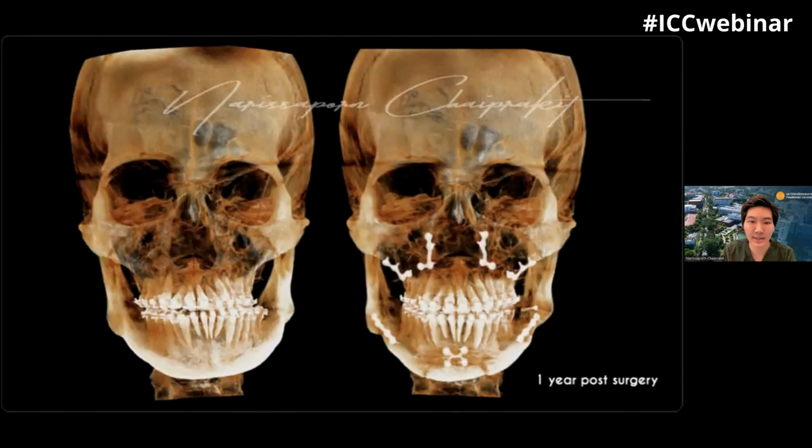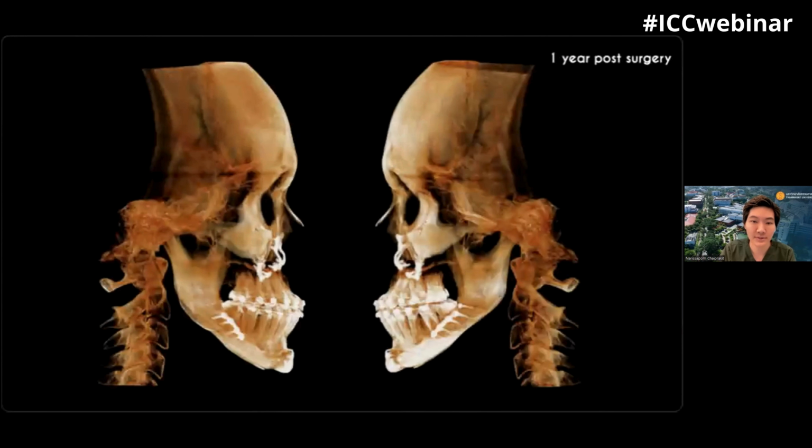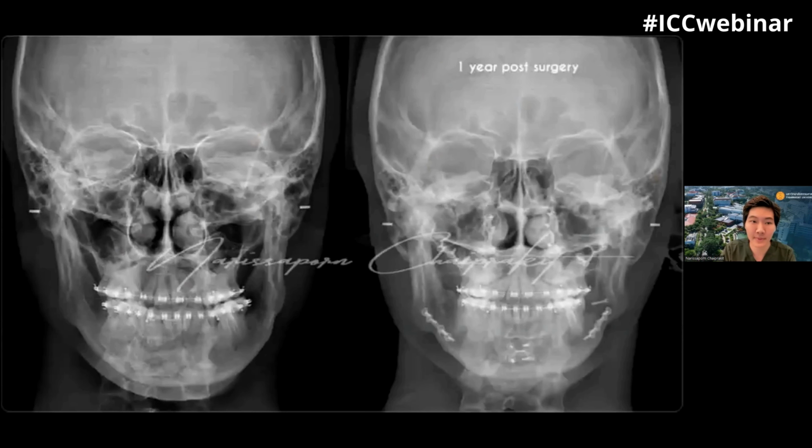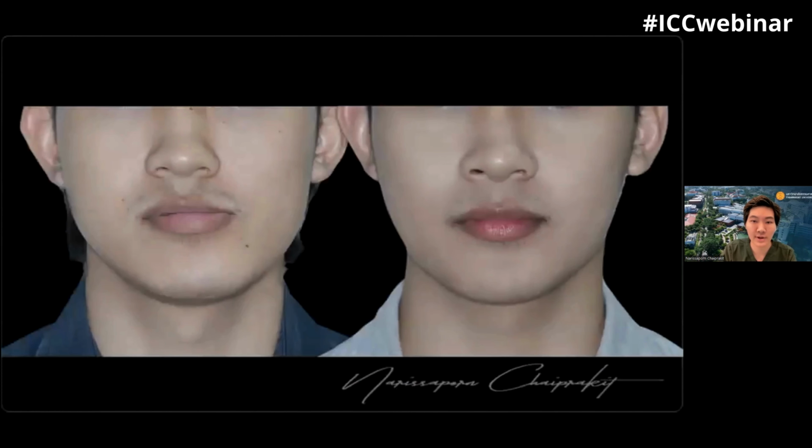Note that the angle width did not widen. The follow-up CBCT shows complete healing and the condyles are maintained in position. The patient did not report TMD problems. The X-ray showed normal healing. The facial profile was corrected and a harmonized face maintained.